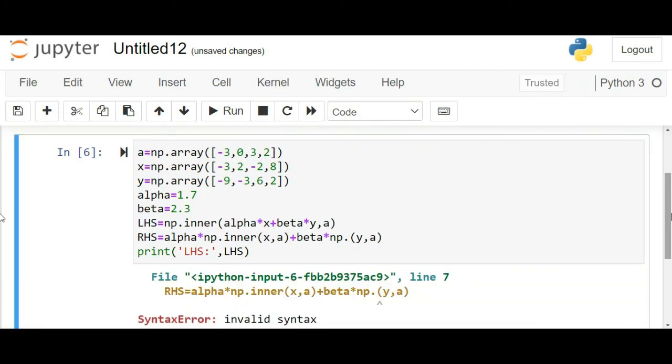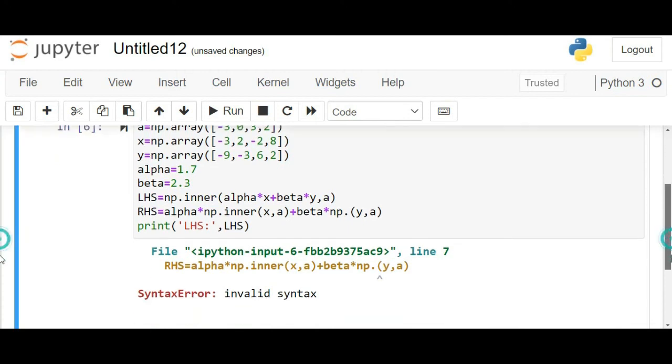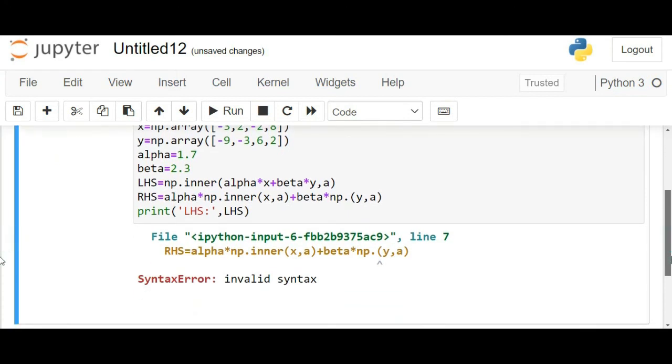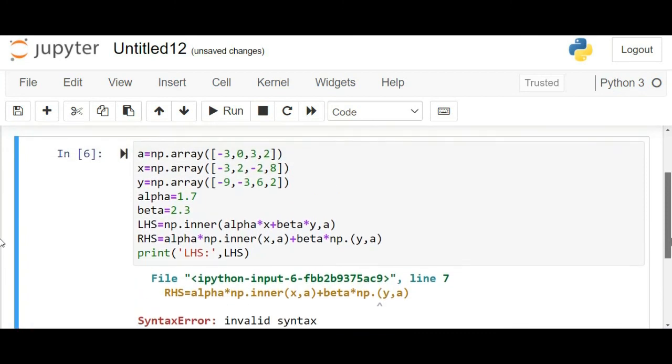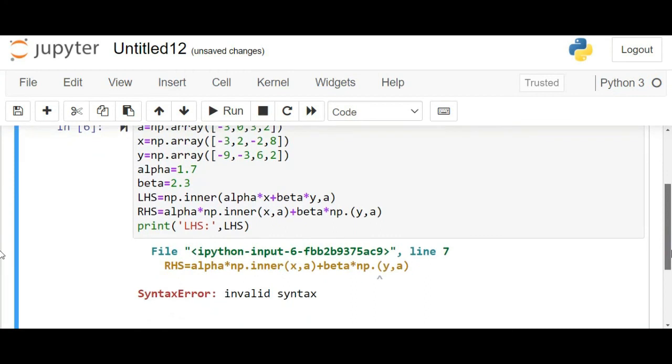So there is a problem: invalid syntax in np inner alpha beta, line 7, which is the line where right hand side is equal to alpha multiplied by inner x comma, beta multiplied by np.inner y comma a. So maybe the problem is alpha.